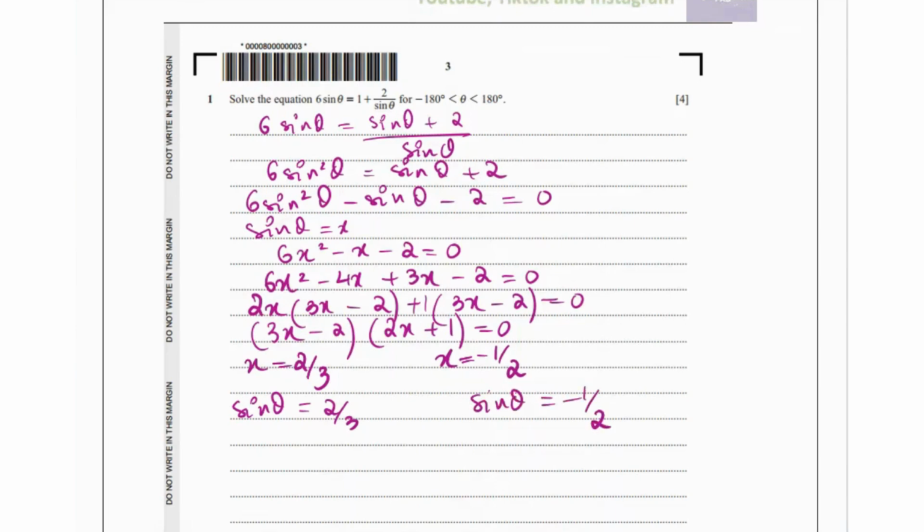negative 1 over 2. So theta is going to be sin inverse of 2 over 3, which gives 41.81 degrees. And over here, theta is going to be sin inverse of negative 1 over 2, which is going to give us negative 30 degrees.